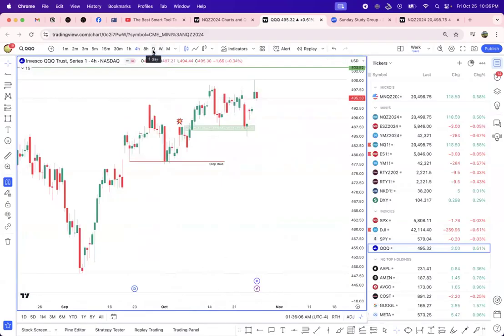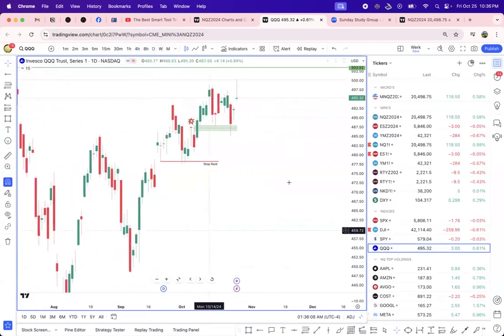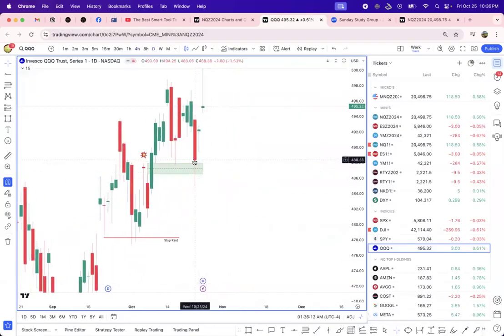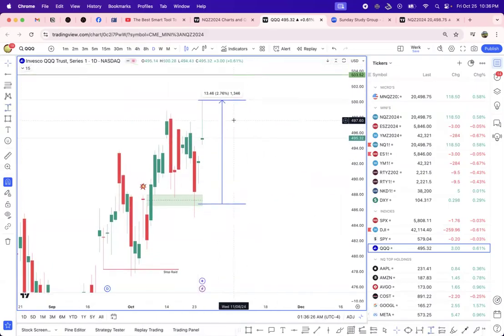So if we look at QQQ this week, I wanted to get it when it was dropping down here. So let's just say I got in somewhere down here and I held it till we hit previous week's high. That was at least 10 points, you know? So I wanted to say that.